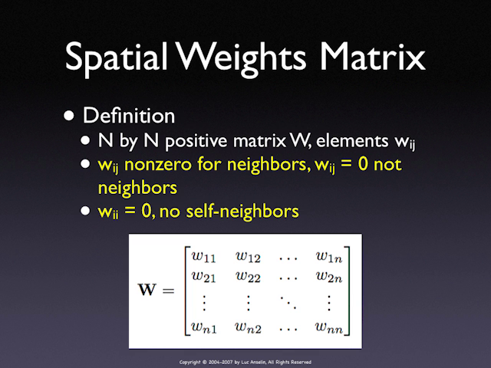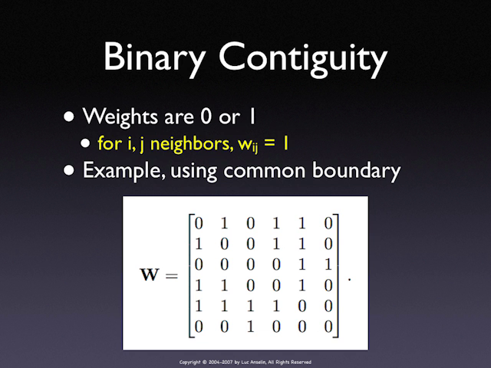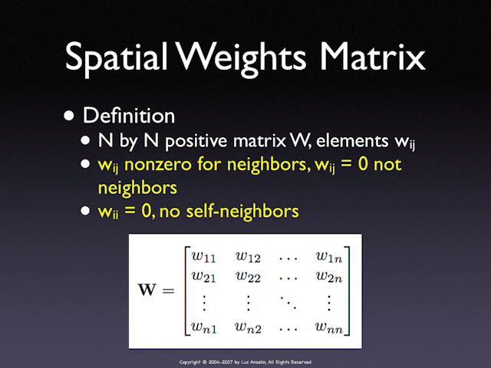It's the same thing. I mean, most of these weights matrices are symmetric. They don't have to be. And there are directional processes that move in a particular direction, say particularly in hydrological systems, for example. You know, water flows down, it doesn't flow up. So then that gives you particular structure for the weights matrix.